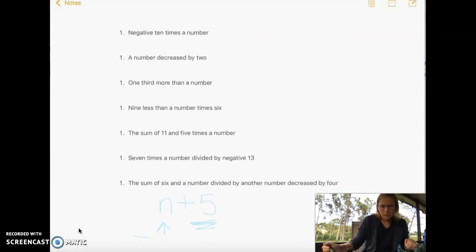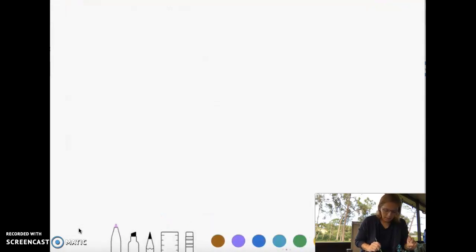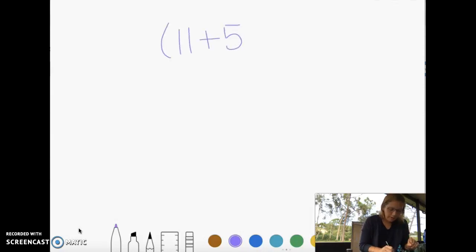And let's see, I think we'll do a couple more of these. The sum of 11 and 5 times a number. Okay, I have to think about that one. The sum of 11 and 5. So anytime it says the sum of 11 and 5 or the sum of something or the difference of something, I'm going to put that in parentheses. So the sum of 11 and 5 times a number.